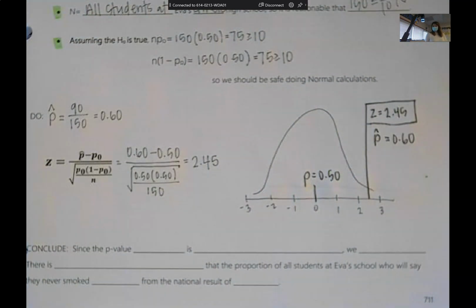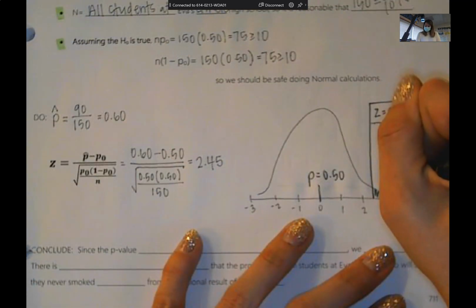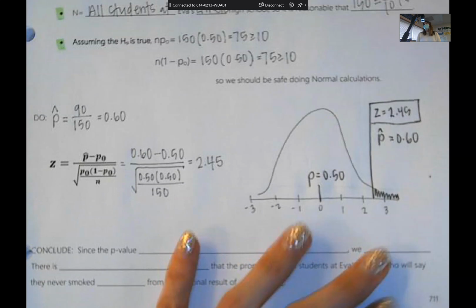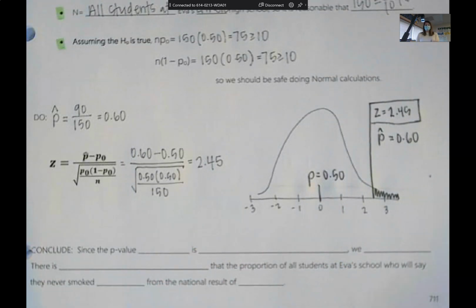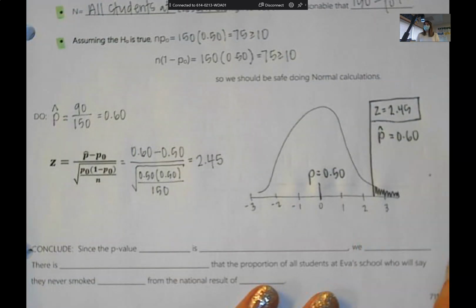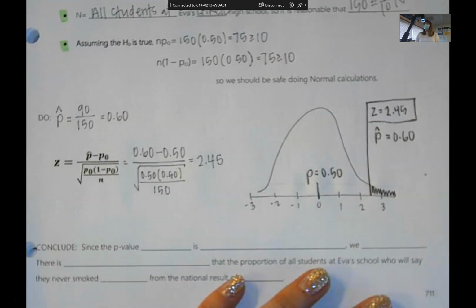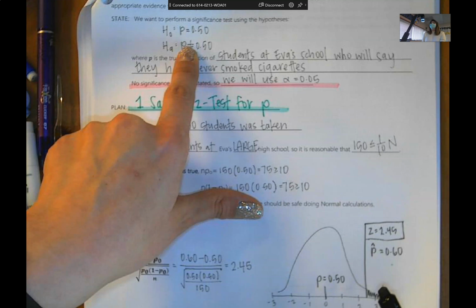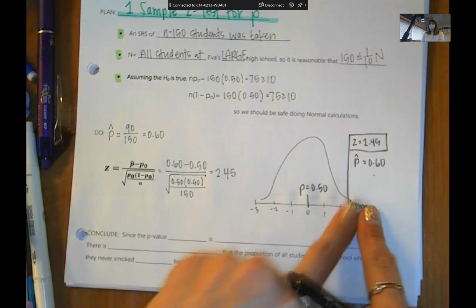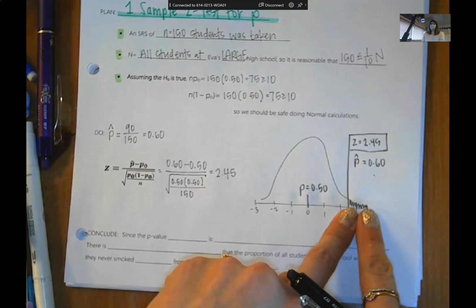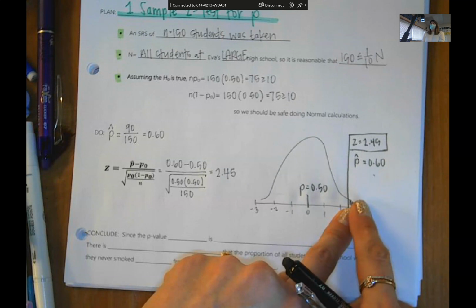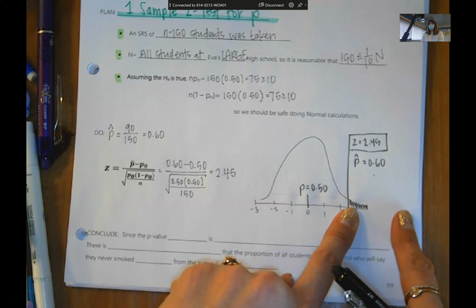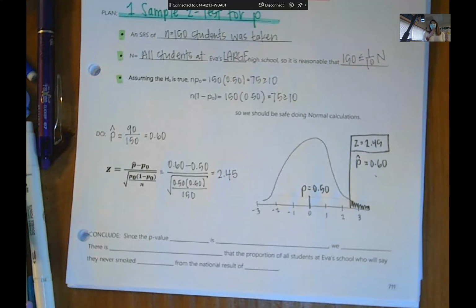So we are finding the probability of getting a sample this high or higher, but this is a two-tailed test, which means that we're not just looking to see if it's greater than the sample we got, or higher. It could also be lower. But remember, we have to use our sample data.